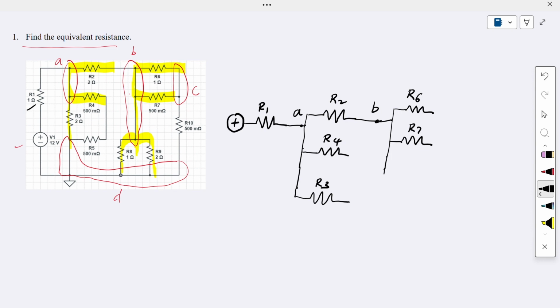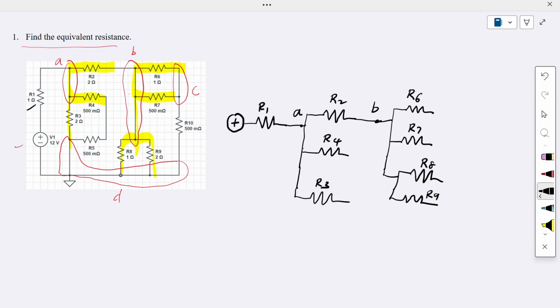So from here it splits into 2. Here is R8, and here we have R9. Now R6 and R7 are connected to the C node.